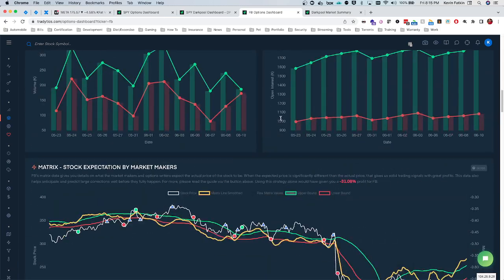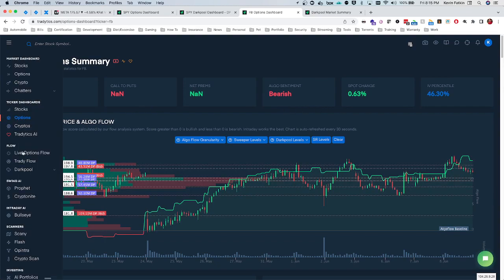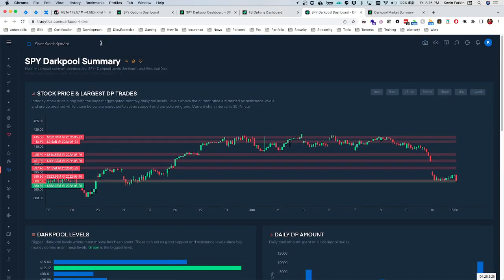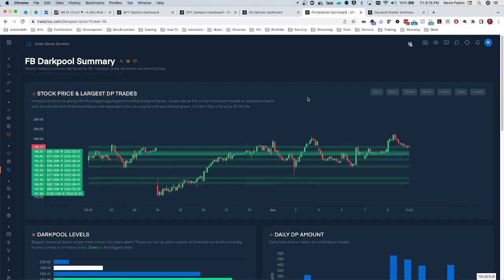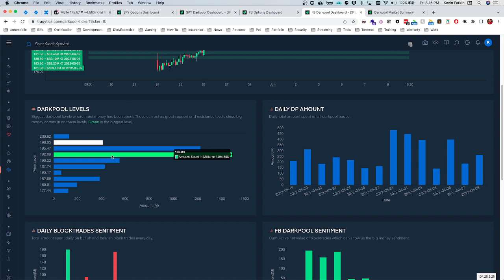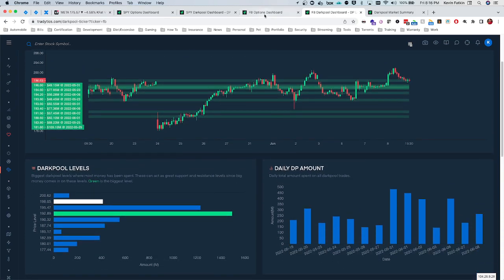And then I also made sure that the gamma exposure lined up, the normal research I do before trading any sort of ticker, and then going into the dark pool dashboard, searching Facebook and ensuring that everything I just talked about with sentiment, that the dark pool sentiment was indeed bearish, to get an idea of what the strongest support would end up being. Because obviously, if we plan on buying puts because we have a bearish outlook on a ticker, we want to know where the strongest support is going to be that we need to break through to really get a big move.